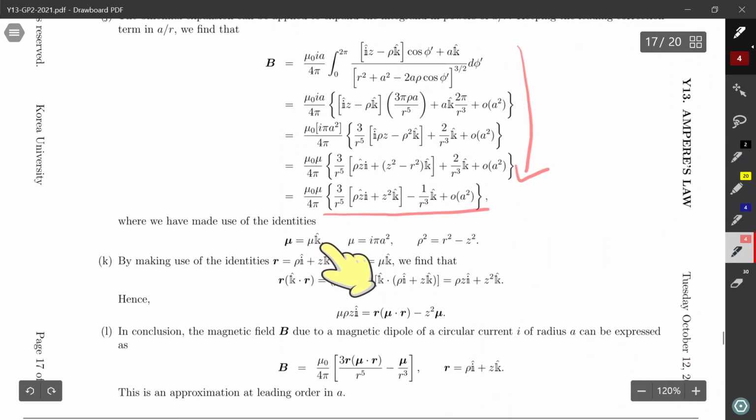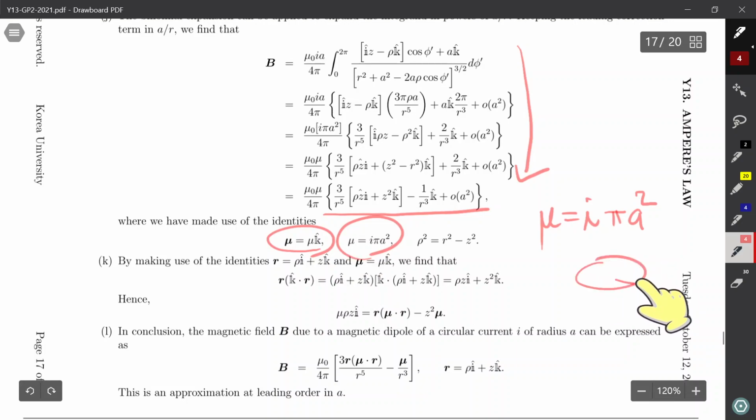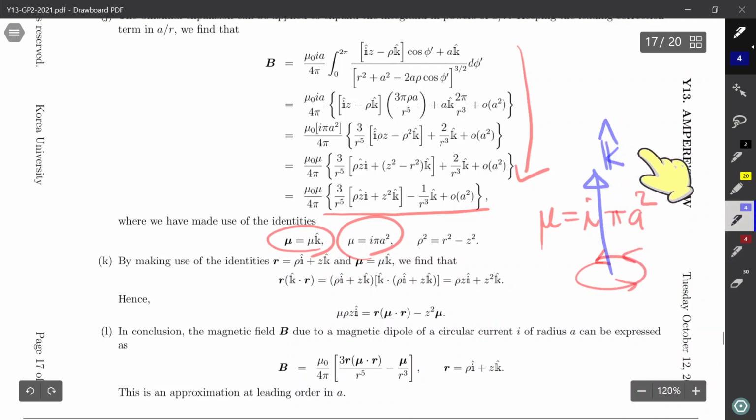Now, the magnetic dipole moment: the magnitude of the dipole moment is current times area. This circular current has a normal vector along the k direction, so this one is the magnetic dipole moment.